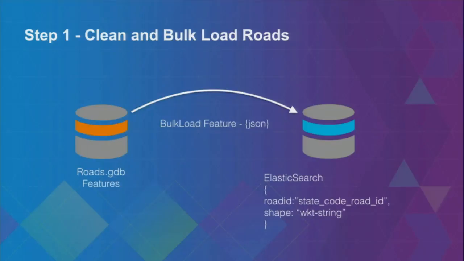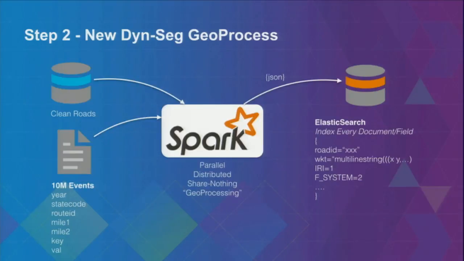So now what I did is I took the original raw data that I have, bulk loaded it into Elasticsearch with the geospatial capability, and then used Spark to do the dynamic segmentation. So again, for the 1.7 million records, there are about 105 million highways in the United States.